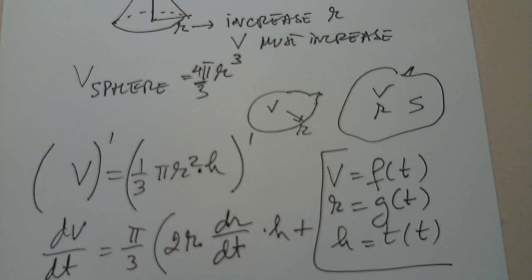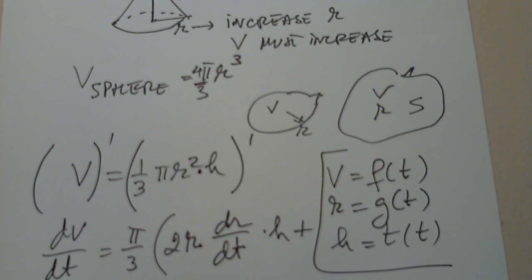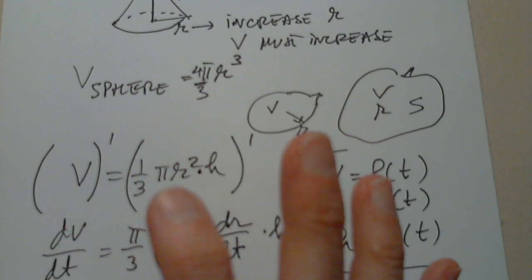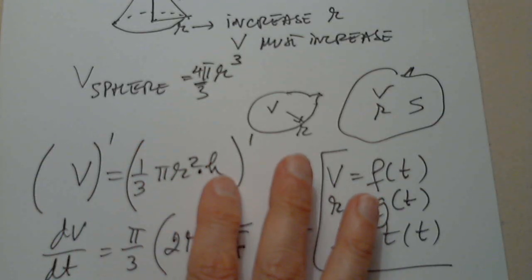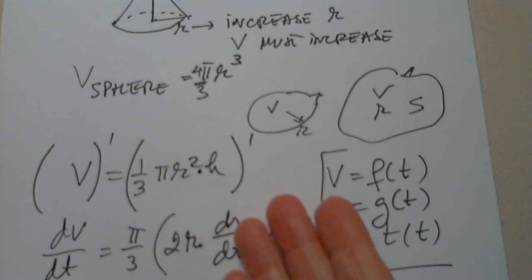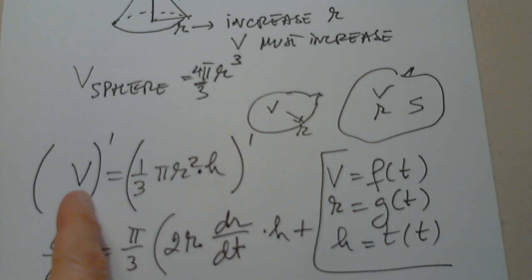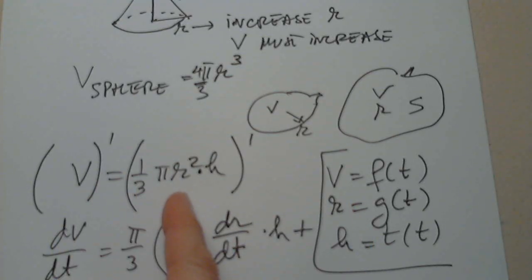I'll just give an example. We're going to look at simpler situations. I'll give an example in which, if we make any changes to any of these functions, then everything changes. If I change the volume, then a change is triggered in the radius and one is triggered in the height.